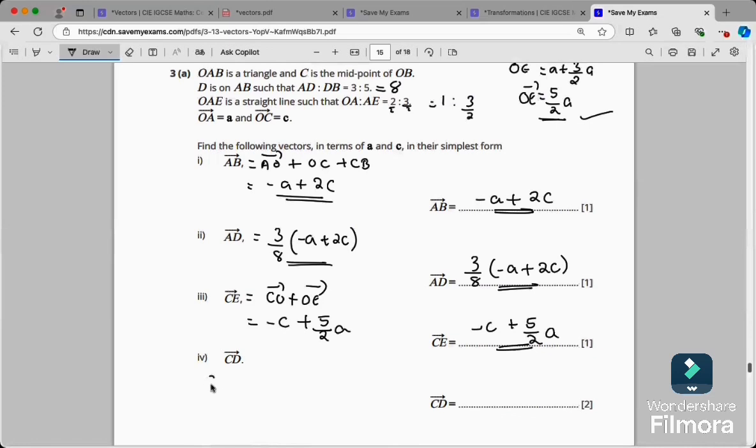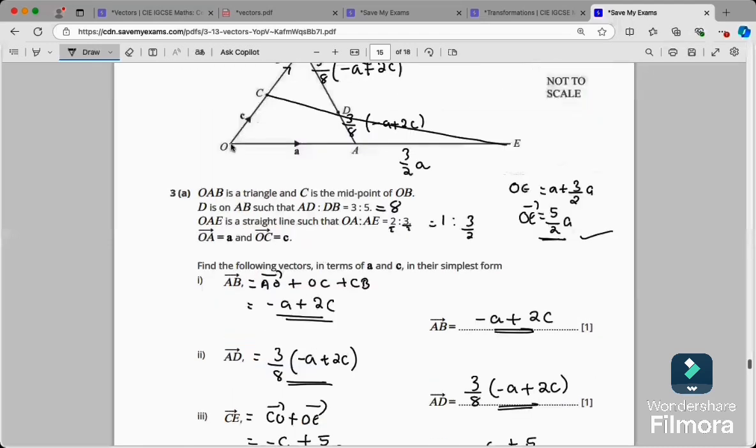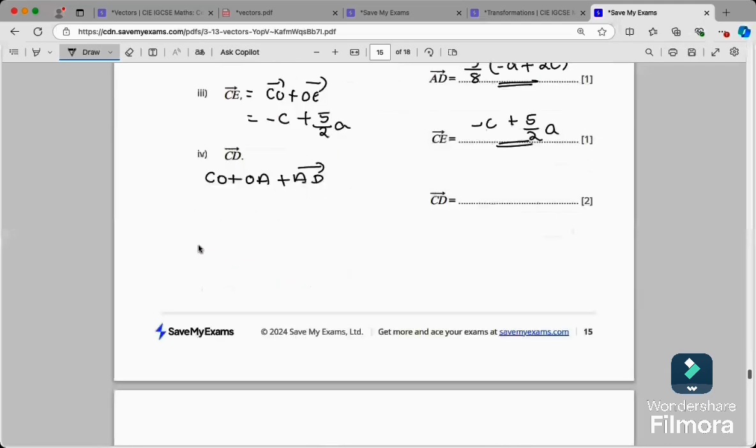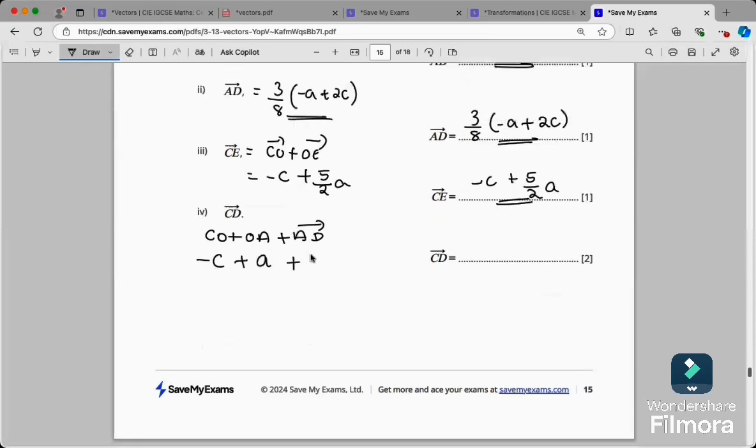So it will be C to O plus O to A plus A to D. You can check in the diagram C to O, O to A, and A to D. If you write all, C to O will be minus C, plus O to A will be plus A, and the A to D we just found here, which is 3 by 8 of minus A plus 2C.